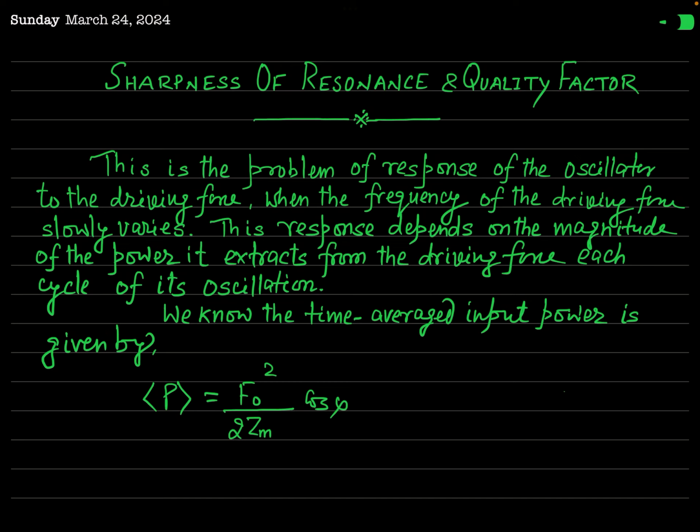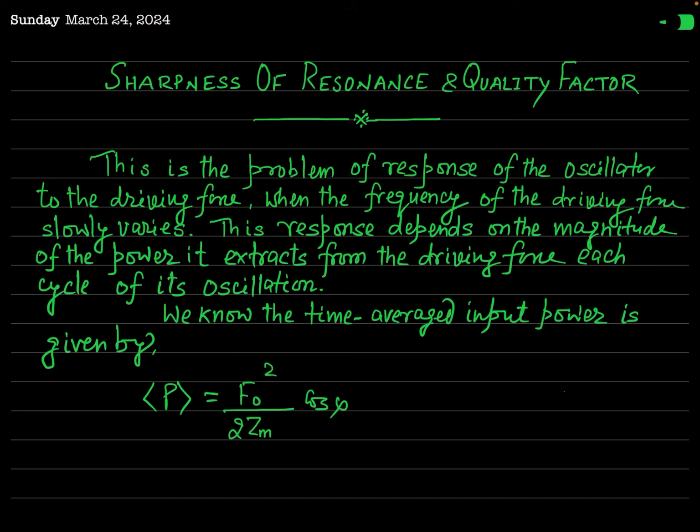It is a problem of the response of the oscillator given to the driving force when the frequency of the driving force varies slowly. How does the oscillator respond to the driving force? This deals with the sharpness of resonance.